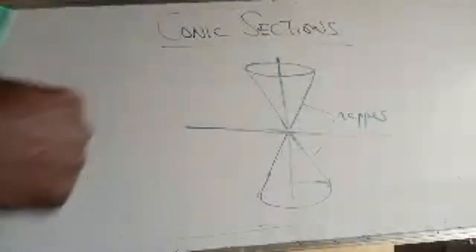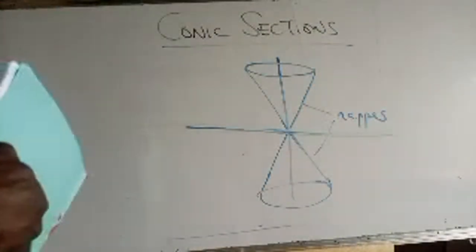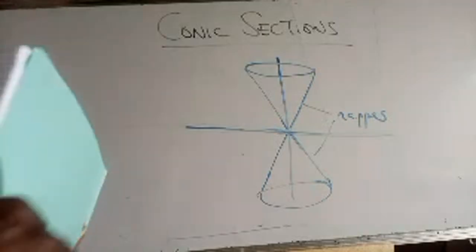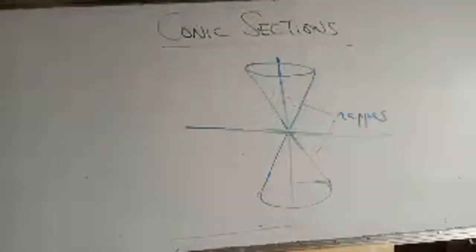Now there are actually 4 types of conic section. Basically, we discuss 4 objects in conic section. We have the hyperbola, the parabola, the circle, and the ellipse.